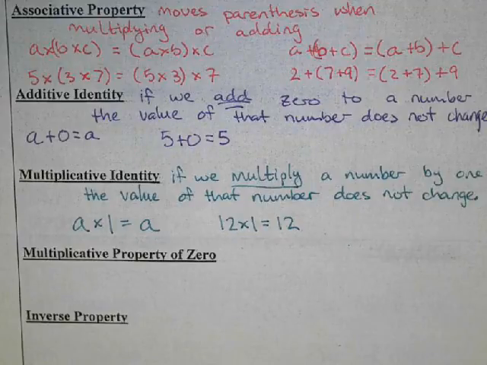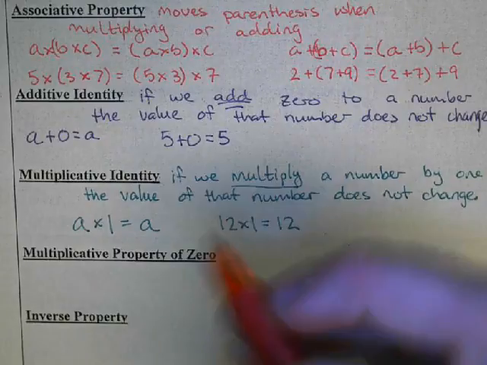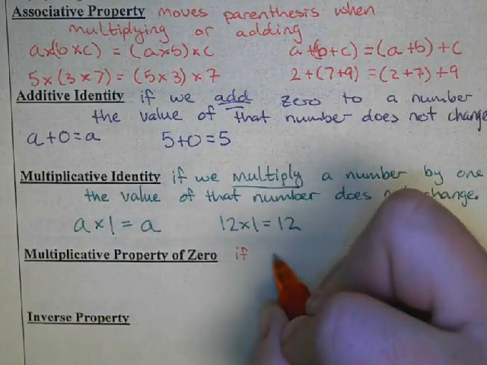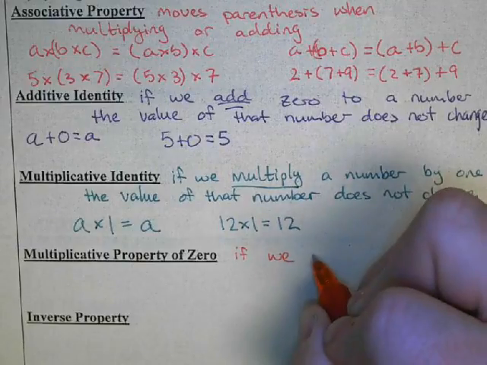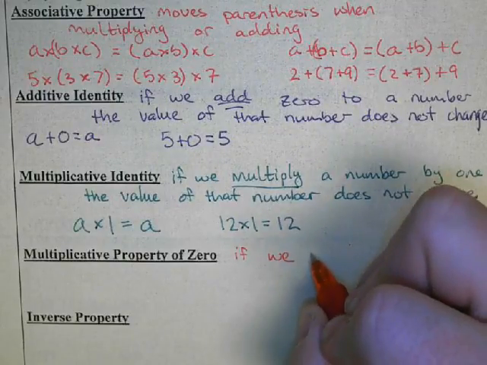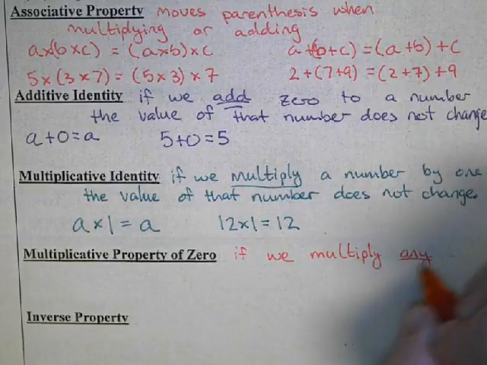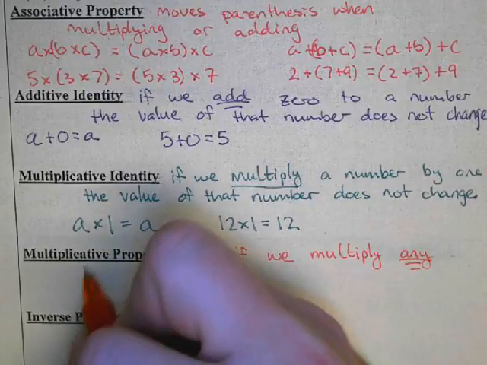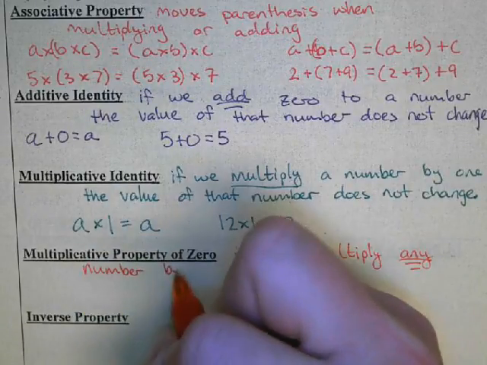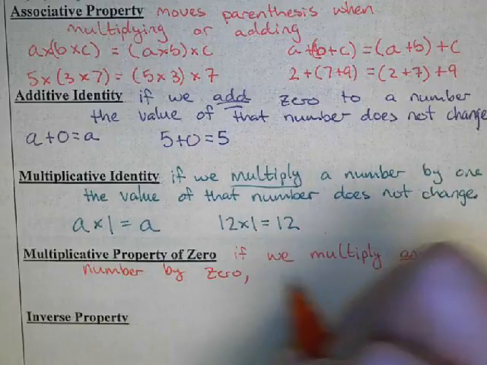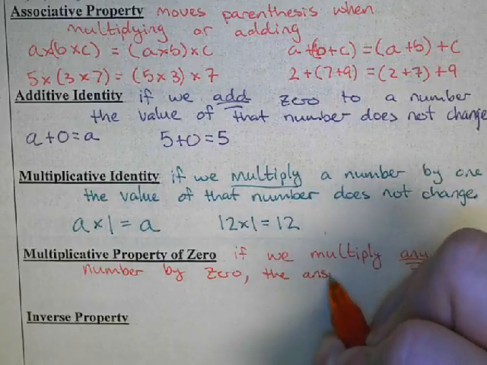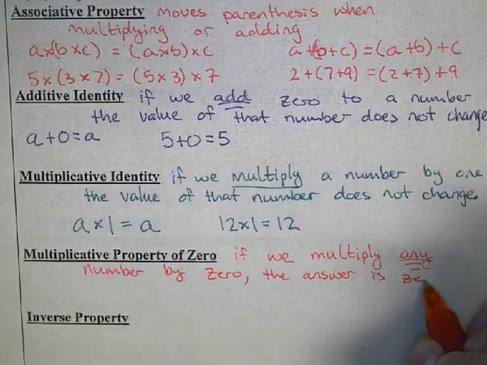The multiplicative property of 0 is if we multiply any number by 0, the answer is 0.